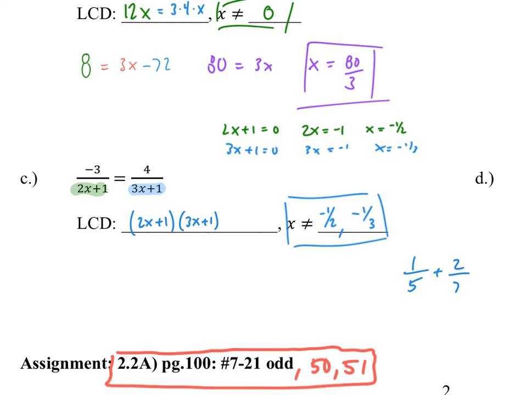The only way to get those to be common, because they don't share any common factors, is just multiplying by each other. So the actual common denominator would be 35. Since these numbers are what's called mutually prime, they don't share anything in common, to find the LCD we just have to multiply them. This is going to work out nicely for us.